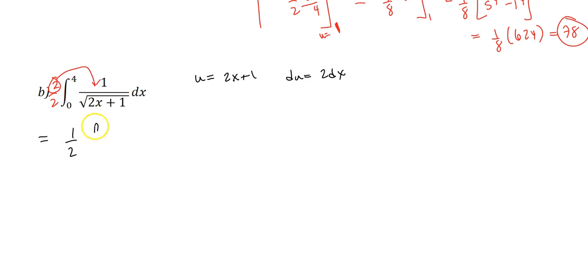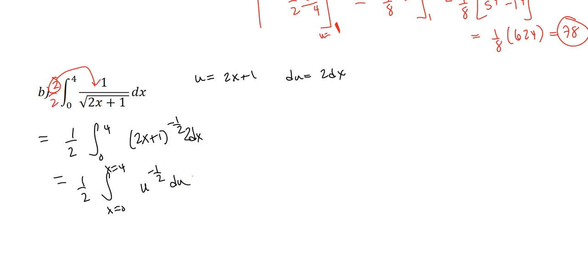So this will be 1/2 times the integral from 0 to 4 of (2x plus 1) to the negative 1/2 times 2 dx, or 1/2 times the integral from x equals 0 to x equals 4 of u to the negative 1/2 du. So this is going to be 1/2 times u to the 1/2 over 1/2 from x equals 0 to x equals 4. So these 1/2s actually cancel.